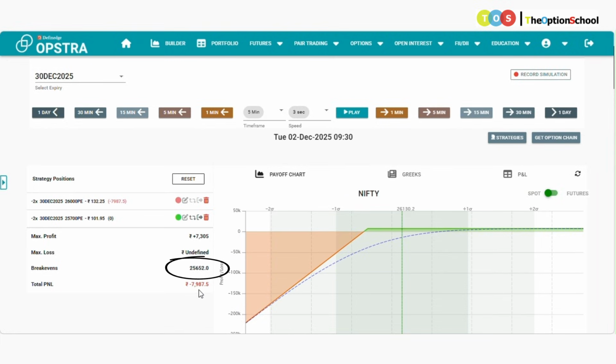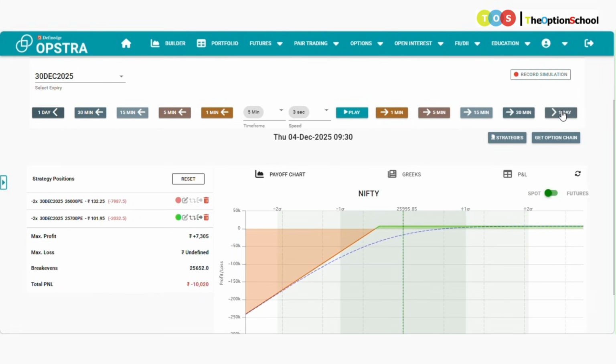Earlier it was at a higher level. He can still make some profit in the trade. Let's see how it works. So, a very simple, straightforward adjustment. You need to surrender a little bit of premium and shift your positions down in case of a put. And similarly, if that happens on the call side, you need to shift your position up and surrender a little bit of premium. Very basic adjustment.